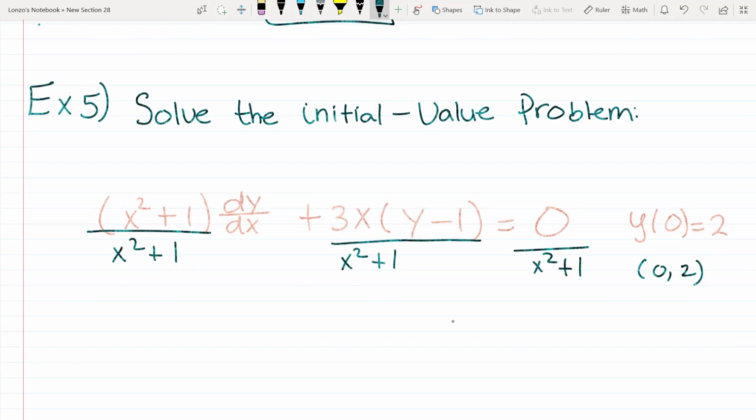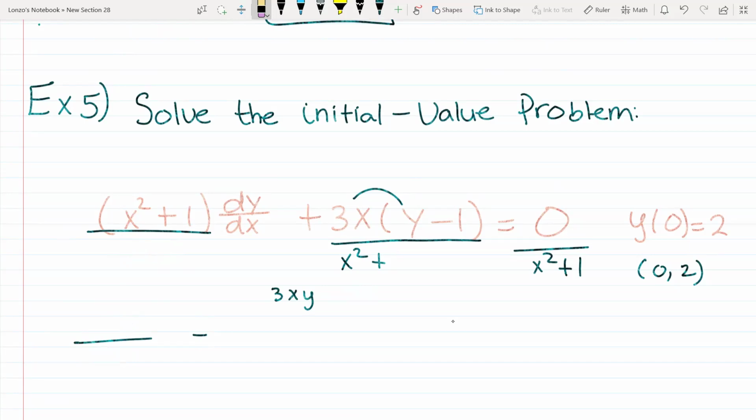Okay, this cancels, so you're left with dy/dx plus, what I should have done is FOIL this out first. This is 3xy minus 3x. No, oh my gosh. I think I should have, don't do that. Don't divide by x squared plus 1 yet. What I should have done is FOIL out the left. Let me do that first.